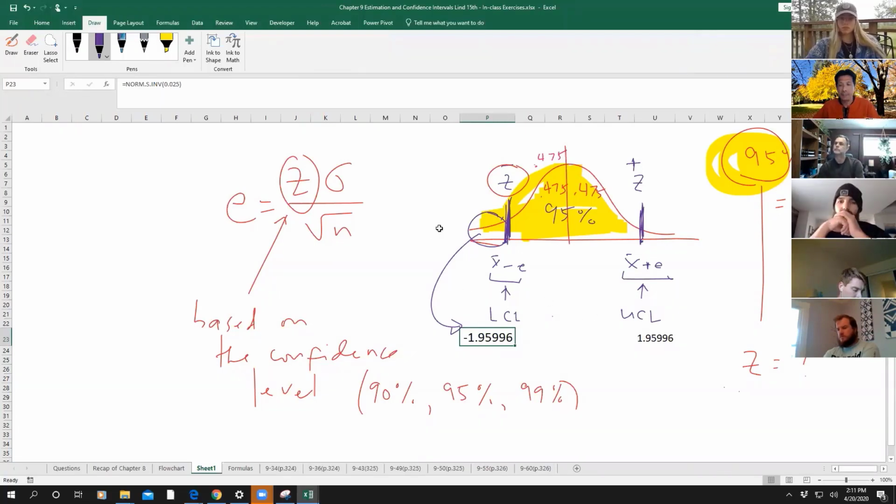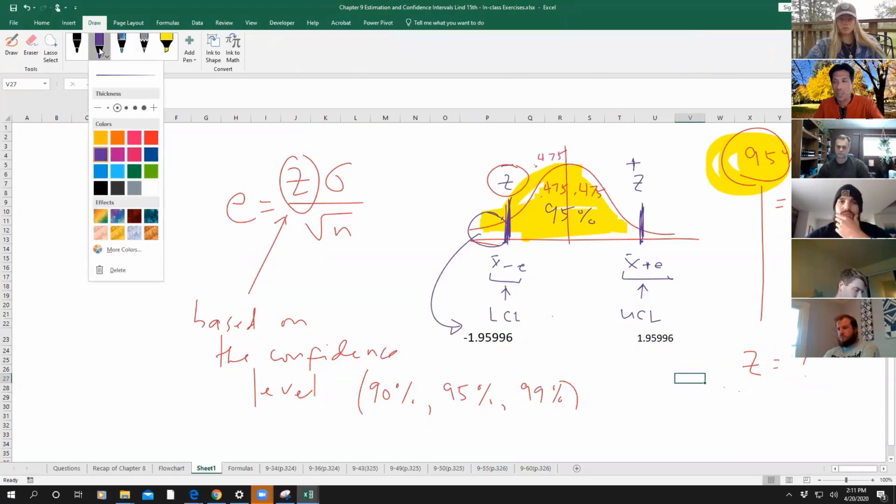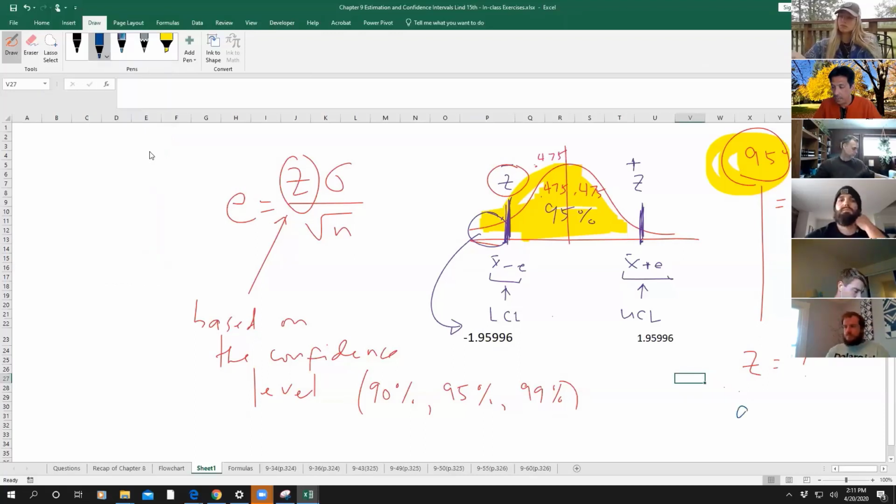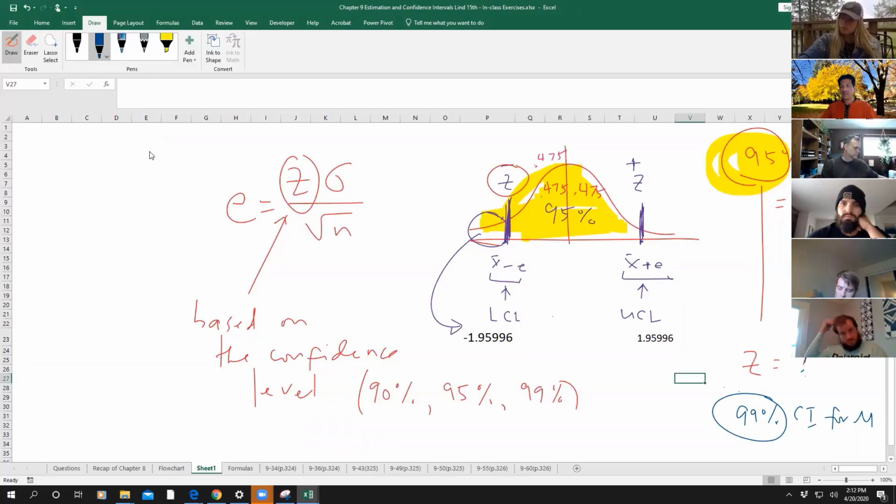All right, thanks, Christopher. Okay, so let's see. How about on your own? I'll give you maybe a minute to do this. Find the z-score when you want to compute a 99% confidence interval for the mean. Okay, you can do some sort of visualization here.